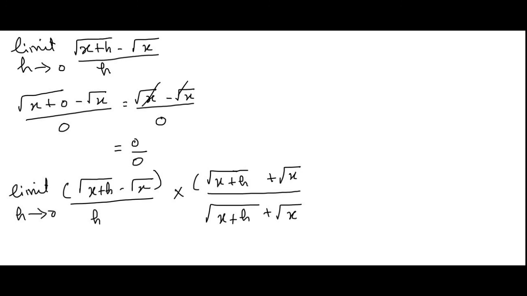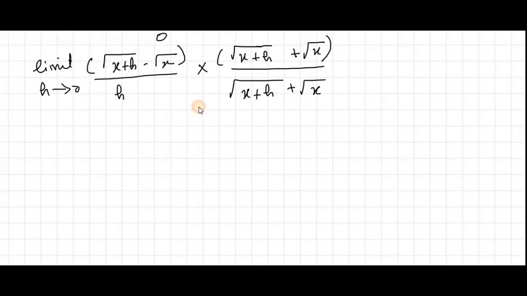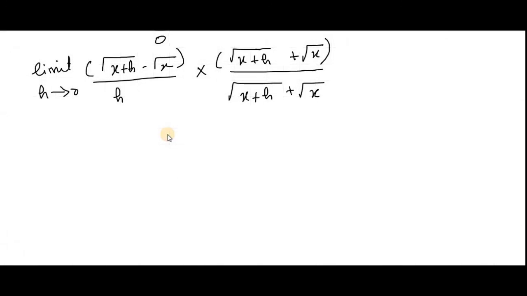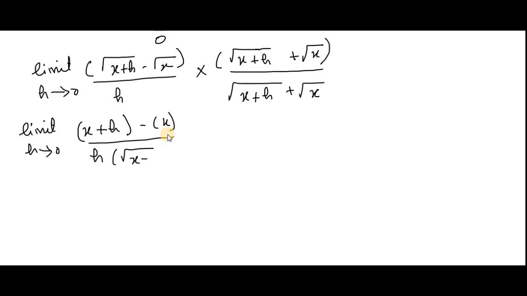Again it is of the same form as a minus b into a plus b is equal to a square minus b square, and we apply the same formula here to get the answer. Limit h approaches to 0, x plus h minus x over h into root of (x plus h) plus root x.